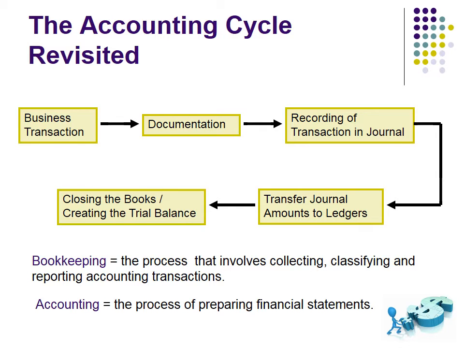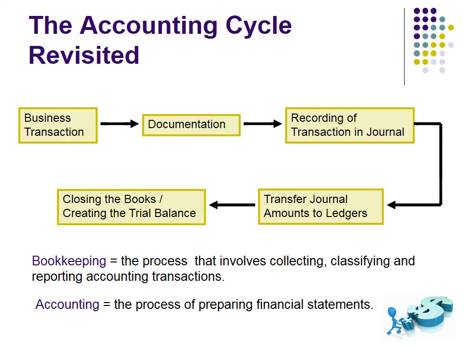And it's that difference between step 1 to 5 and step 6 that really makes the difference between what it is that we refer to when we talk about bookkeeping and what it is that we refer to when we talk about accounting. Technically, bookkeeping is steps 1 through 5.